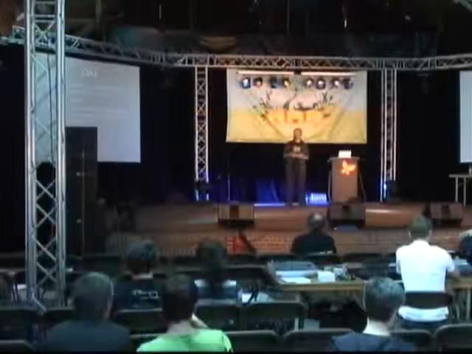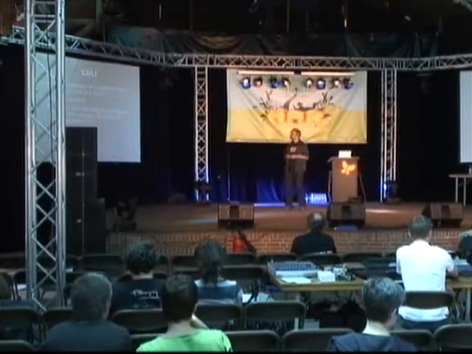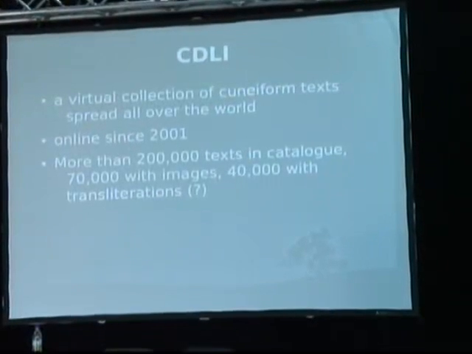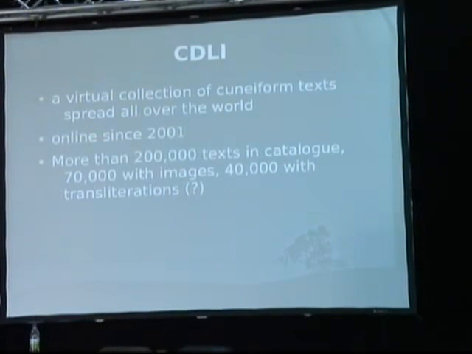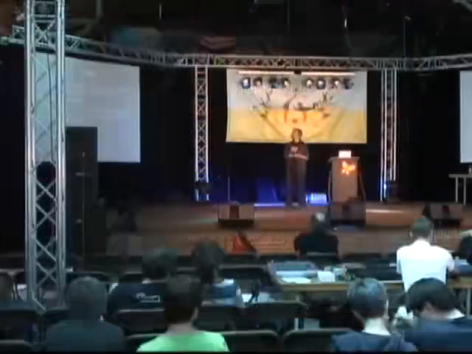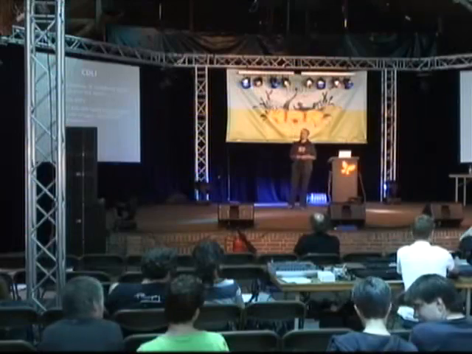And currently it has more than 200,000 texts in its catalog, of which around, I think, 70,000 are with high-resolution images, so you can really see it from all sides and hopefully read the inscriptions, which sometimes is difficult because pieces are broken off, and 40,000 where the text is also transliterated in a special format that can be read by the scholars.